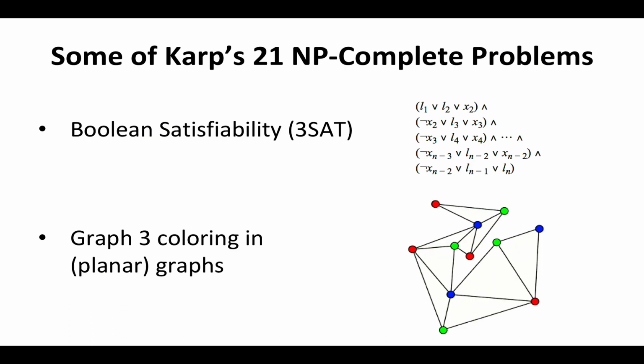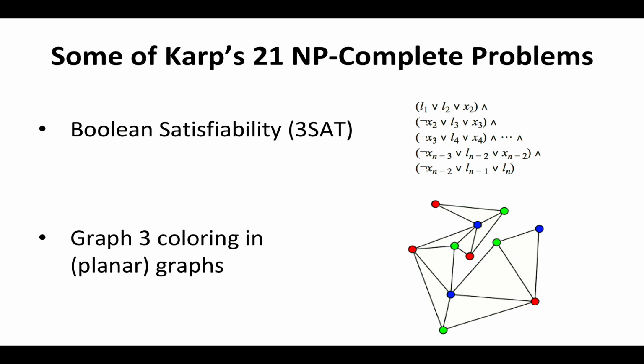Just to very briefly give you some examples of NP problems, perhaps the most commonly known one is Boolean satisfiability. Given some Boolean formula, does there exist a satisfying assignment? Another very famous problem is that of graph coloring, and let's restrict to a planar graph, a graph that can be drawn without any edges intersecting or crossing.